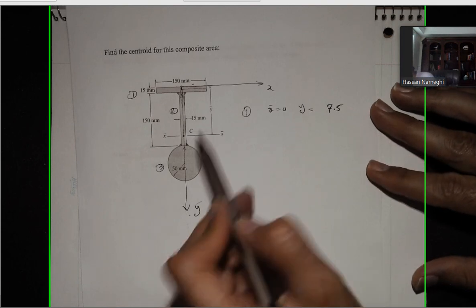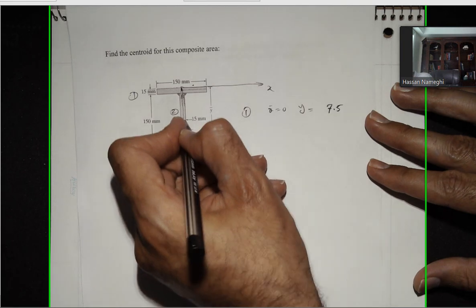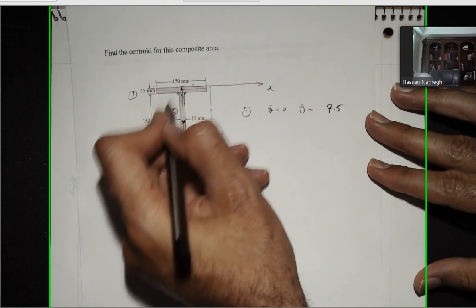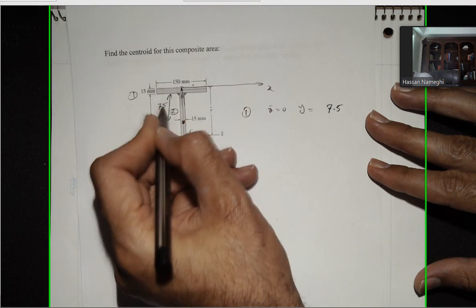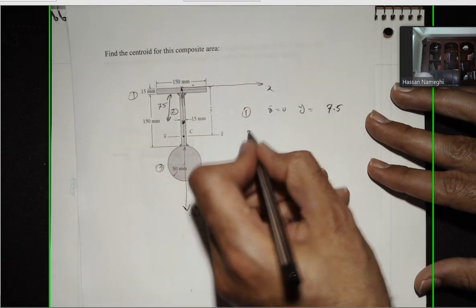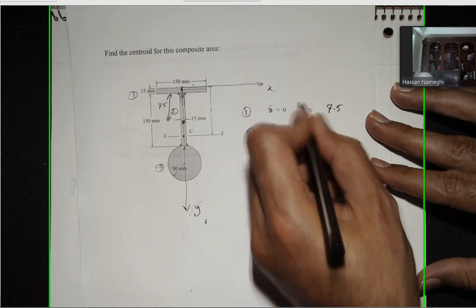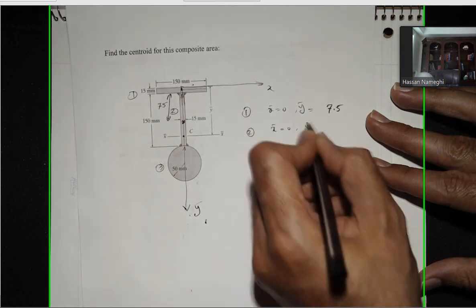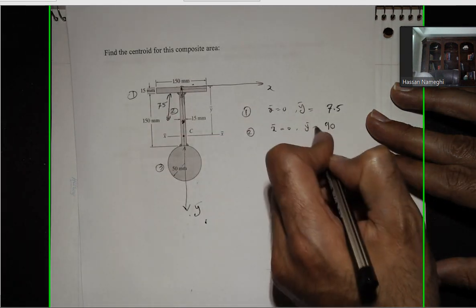So the second one, which is 150, the center is located in the middle, which is going to be 75. From here to here is 75. So 75 plus 15. So shape 2, x bar is still 0, and y bar for that shape is equal to 75 plus 15, which is going to be 90.